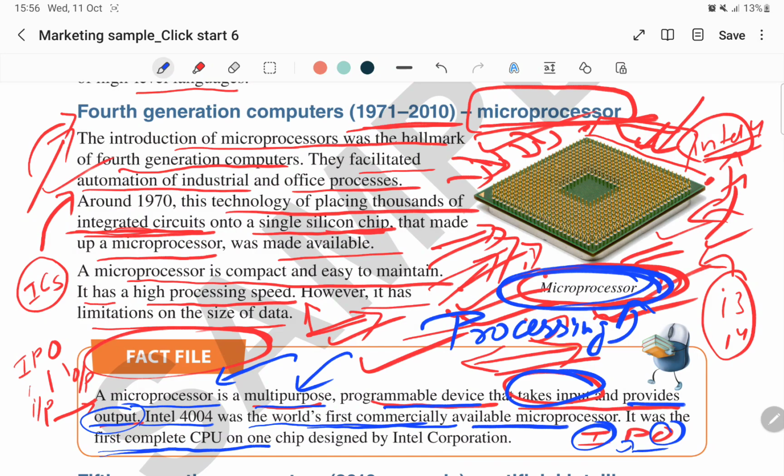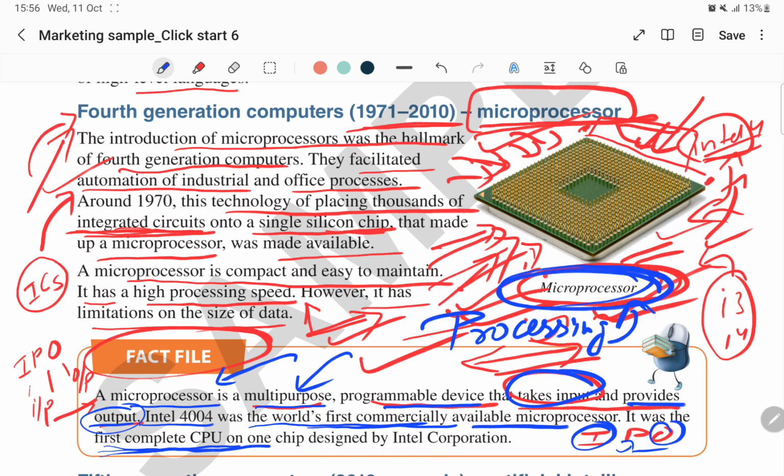And one more point, students: this microprocessor is attached to the motherboard. The central processing unit, CPU, is a processing device. Why does it get that name?